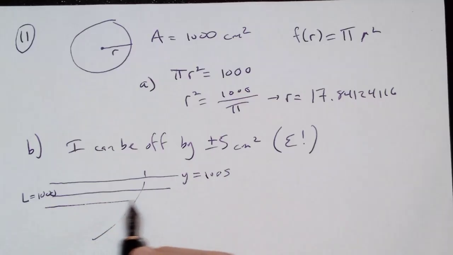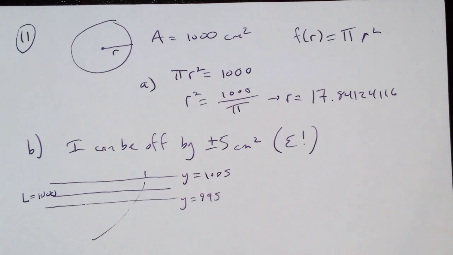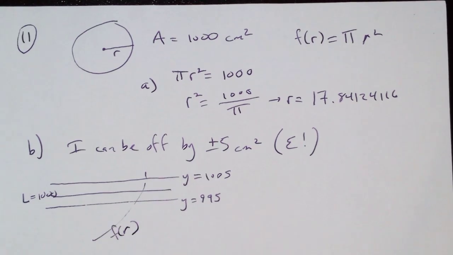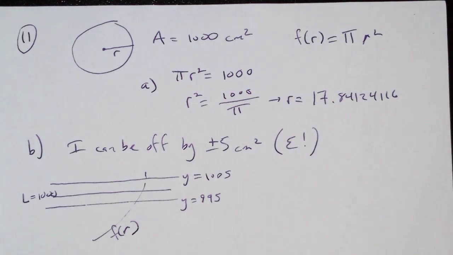If I'm below, so I need to know where these cross my graph f of r. Oh, I'm going to have to do this same exact solving again, once with 1,005, once with 995.